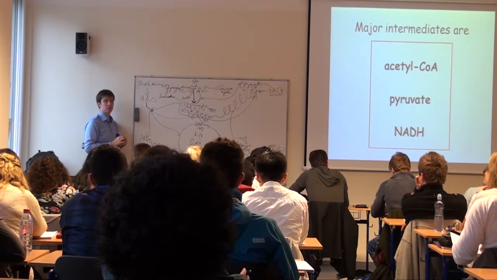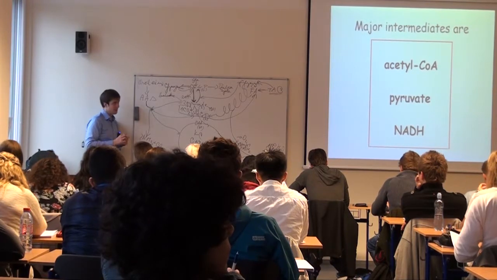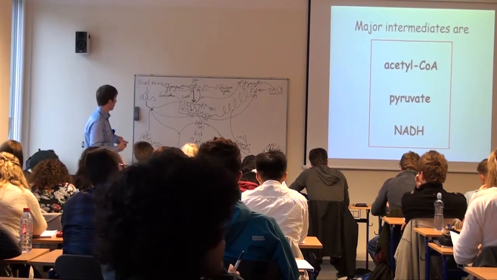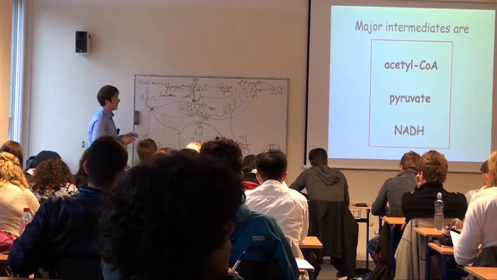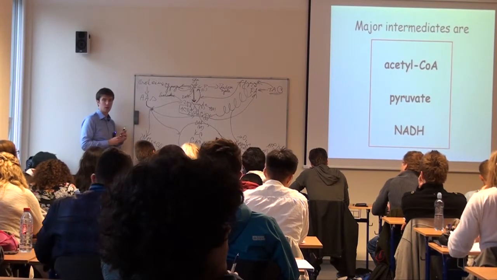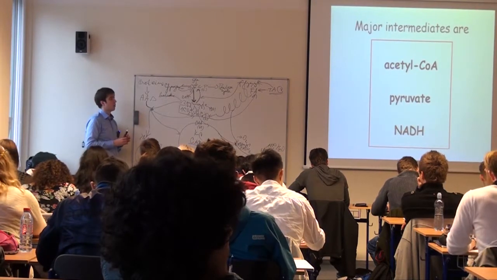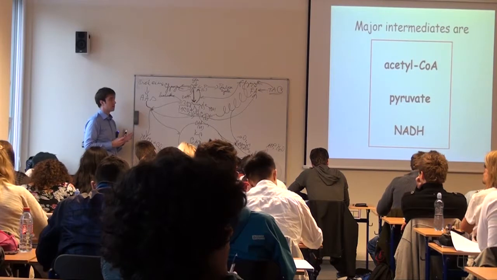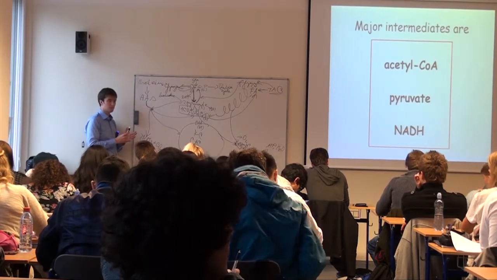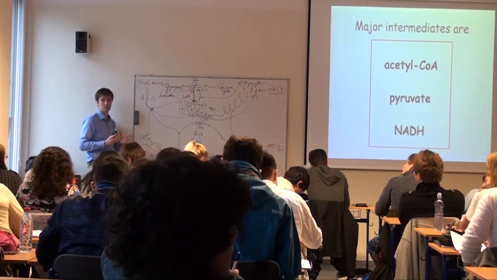So, other questions? If not, then we have the other topic. That's the topic about the specialization of organs in the energy metabolism. For example, the energy metabolism in liver is absolutely different than the energy metabolism in kidneys.